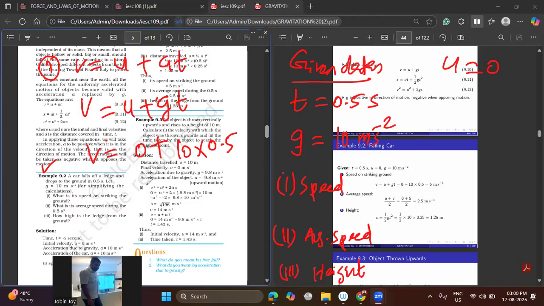So v is equal to 5 meter second raised to minus 1.